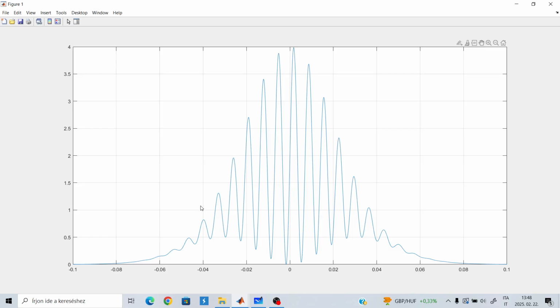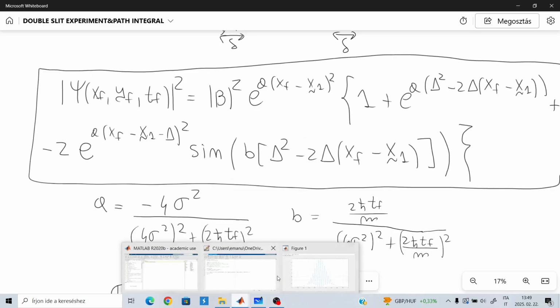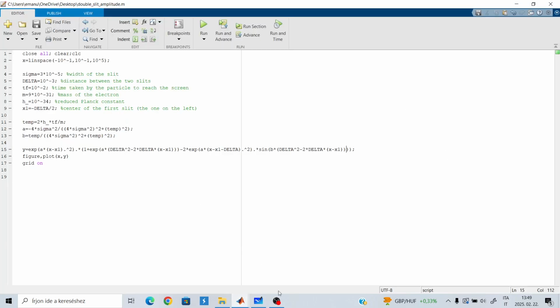And this is exactly what the double-slit experiment tells us. It tells us that there are some interferences that appear, but those interferences depend on the shape of the slits, the width of the slits in particular, and the distance between them. If we choose other parameters, an important parameter is the distance between the slits, this capital delta.